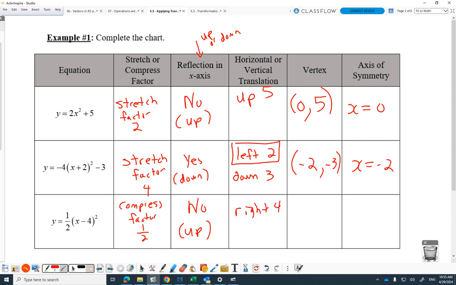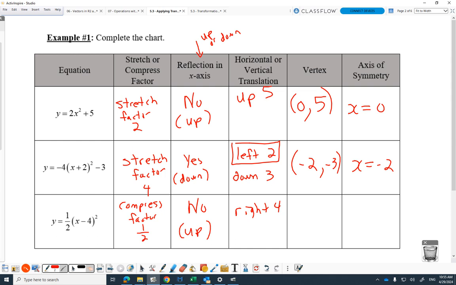Now we're ready to make a rule. How do we tell which one's horizontal and vertical? Where's the horizontal one? It's in the brackets. Perfect phrase. The horizontal one you find in the brackets. In later courses, we'll call it inside the function. But for now, we've only got one function, x squared, so we're not worried about that. But inside the brackets.